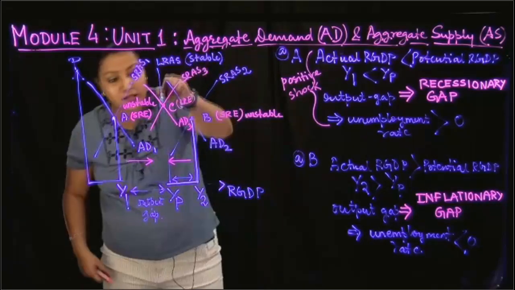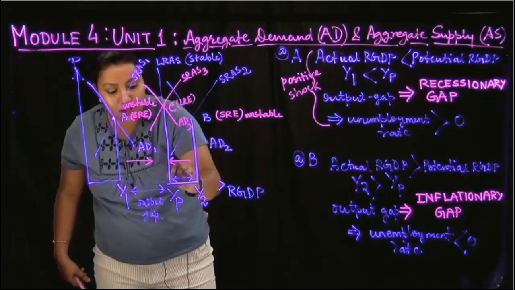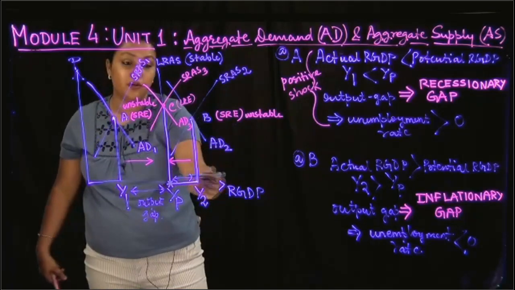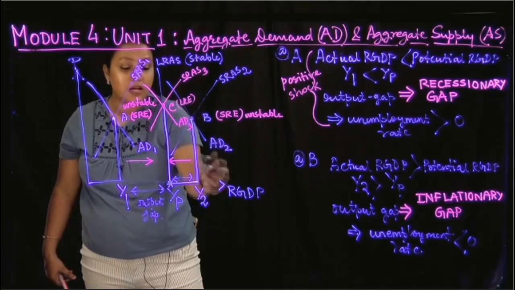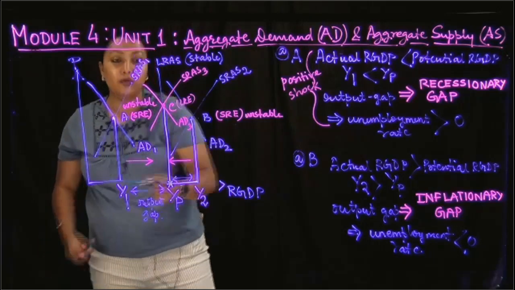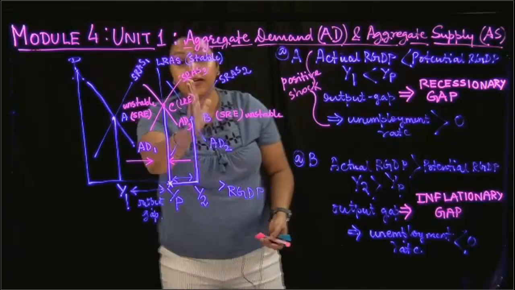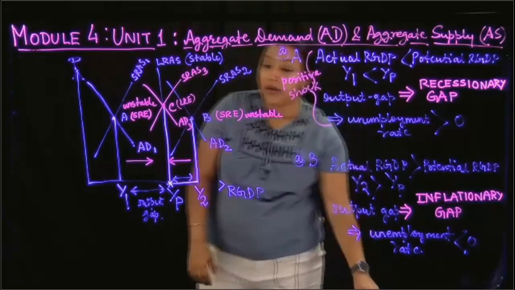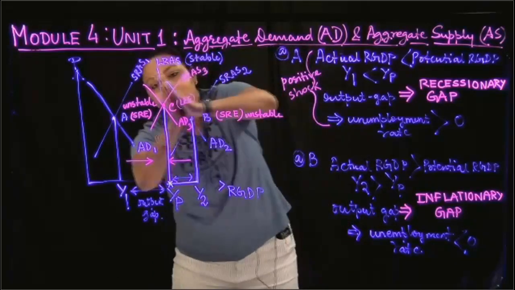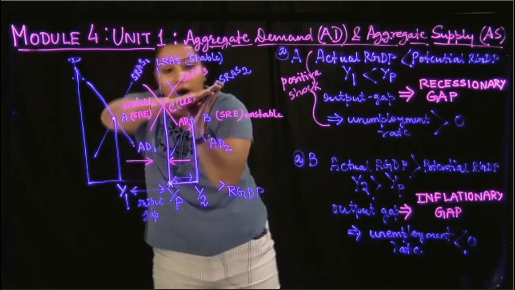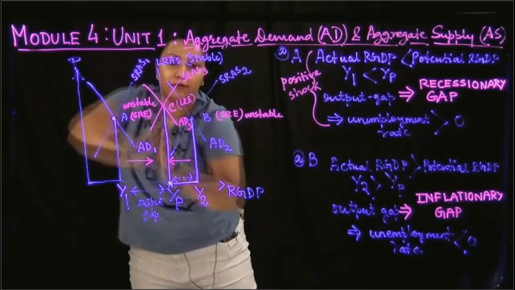You can see at point C, your real GDP is actually at the potential. So that means if your economy moves from B to C, your real GDP goes from Y2 to YP and the gap is removed. So that leftward movement can happen only if the AD curve goes left or if the SRAS curve goes left.